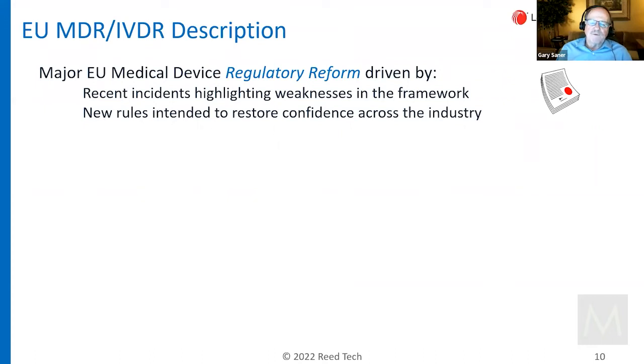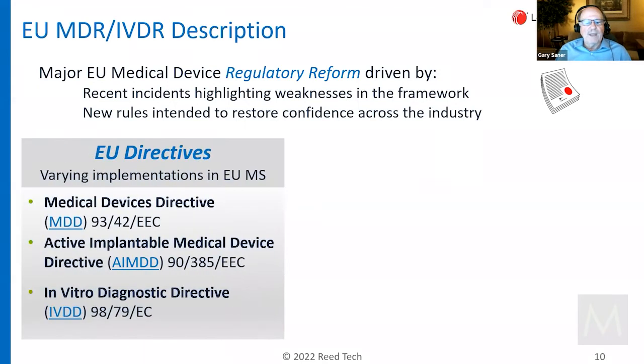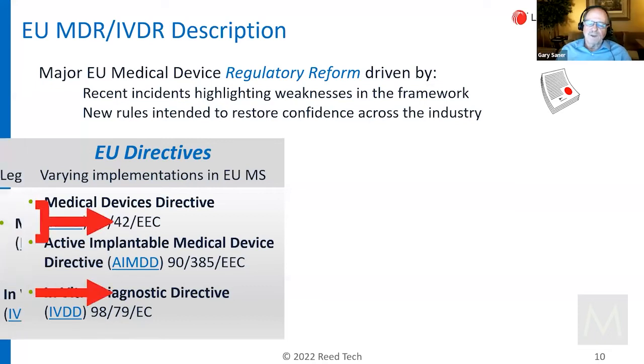There was this medical device regulatory forum, and there were some problems with regulatory in the European arena. At that time, and still kind of in play, there were a number of directives. Directives can be implemented with a little bit of variation in each member state. So each country can meet the intent of a directive, but you'll see many different policies. And there were 3 of them in place.